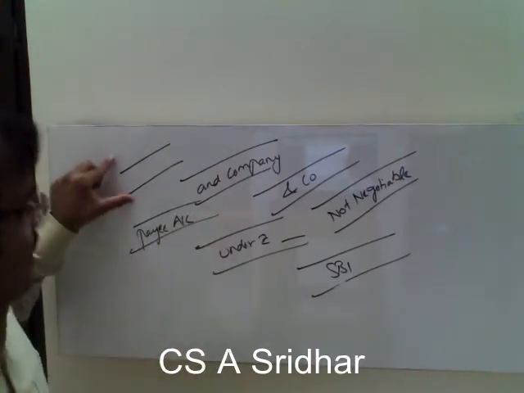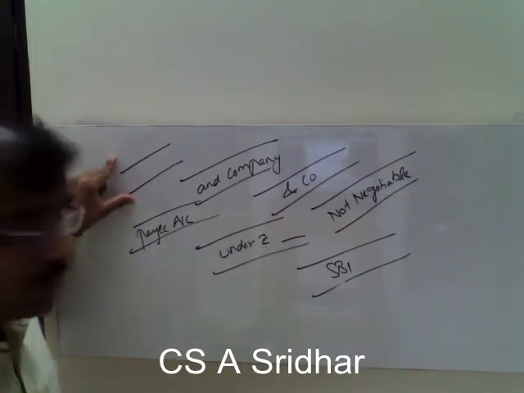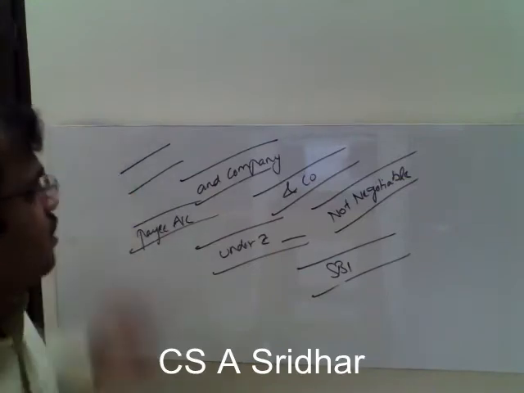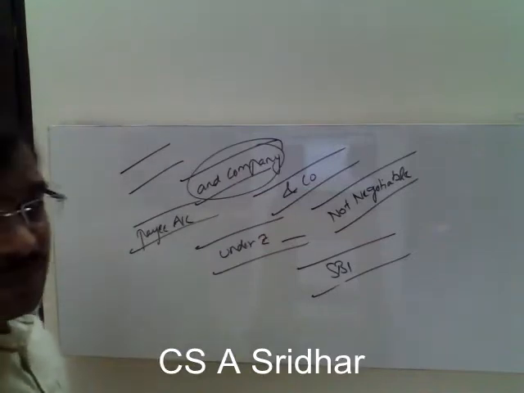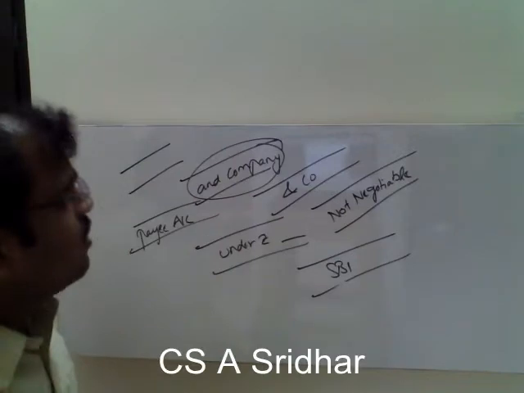If I am doing the crossing like this, I am giving the instruction to my banking company: don't pay at the counter, please make the payment to another collecting banker only. And company: previously there was a practice of writing and company, but nowadays it is not in existence.